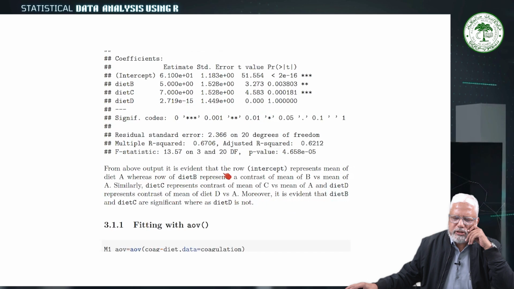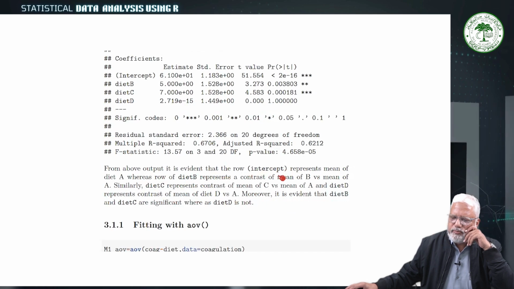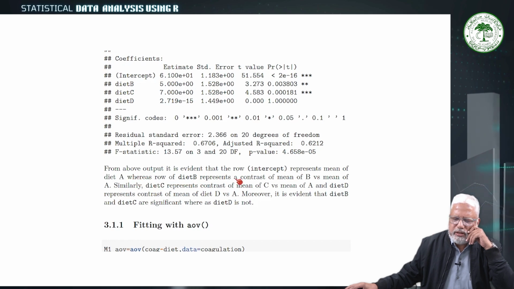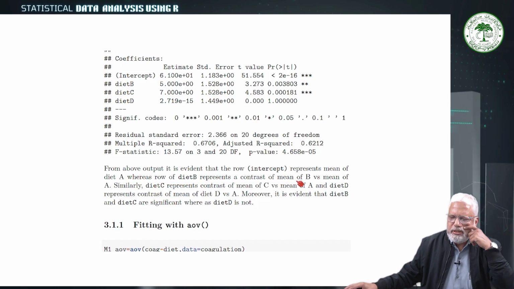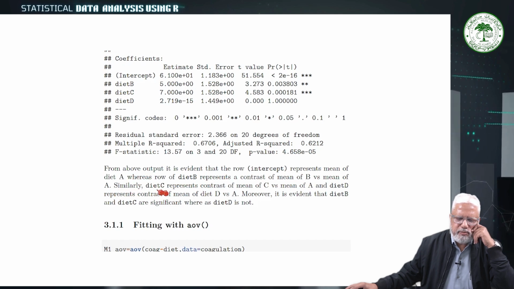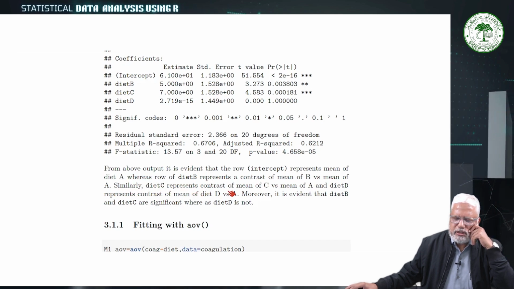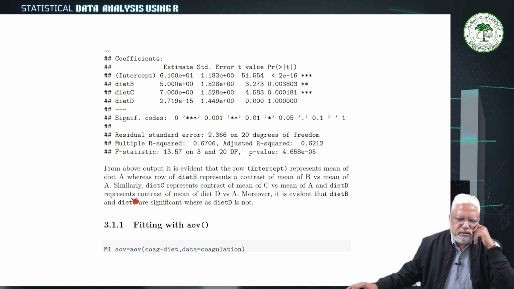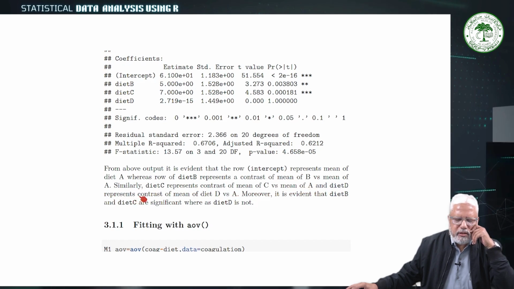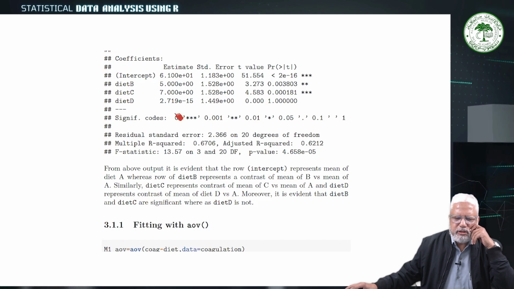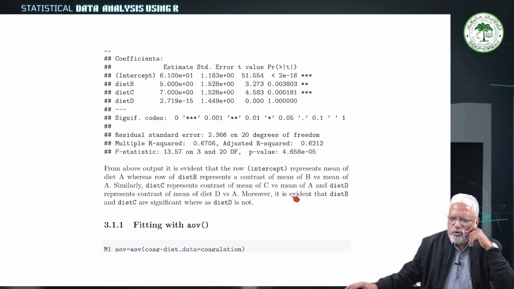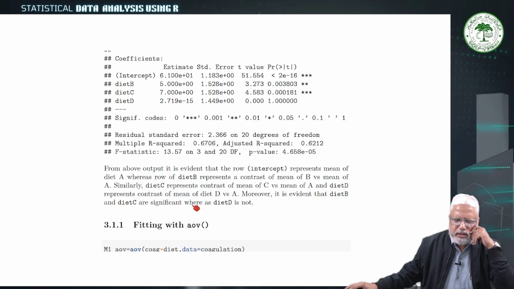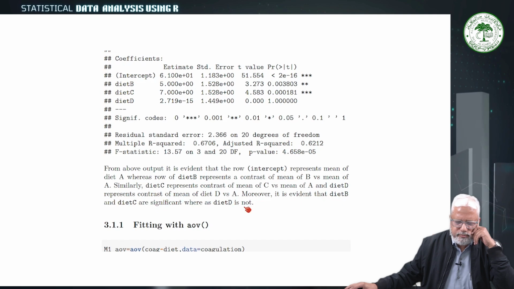From the above output, it is evident that the row intercept represents the mean of diet A, whereas the row diet B represents the contrast of mean B versus mean of A. Similarly, diet C represents the contrast of mean C versus mean of A, and diet D represents the contrast of D versus A. Moreover, diet B and diet C are significant, whereas diet D is not.